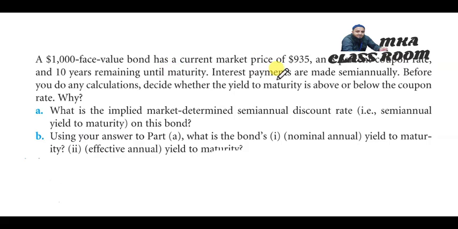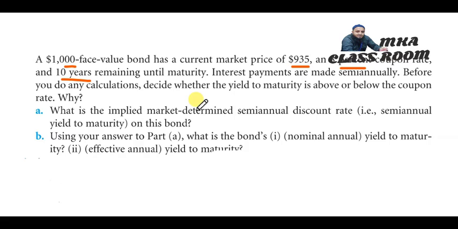So here we see face value 1000, current market price 935, 8% coupon rate, 10 years remaining to maturity. Before you do any calculation, decide whether the yield to maturity is above or below the coupon rate and why.